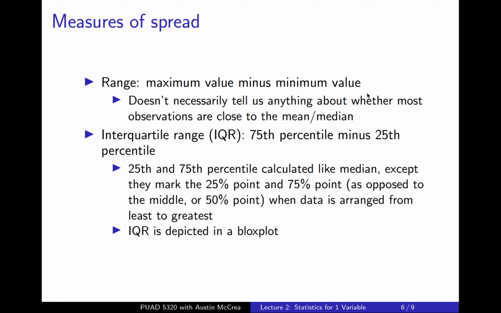And so the 25th and 75th percentile are calculated like the median, except for the fact that they mark the 25% point and 75% point as opposed to the middle. And then the interquartile range is actually depicted in a box plot if you look at the edges of the box from the lab last week or the homework.